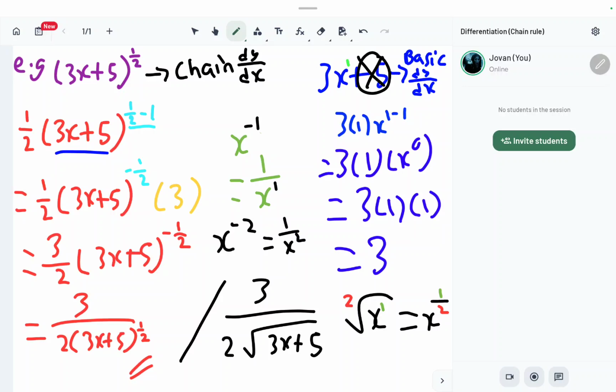I will send this whole thing to you. Just to let you know that for chain rule, you need to apply a bit of indices here and there when there's a fraction as the power number. Wherever you see a fraction as a power number, don't be scared. Just apply, and I'm sure you're going to get the answer. Anything, just ask me any questions, I will answer them. And no question is a stupid question.